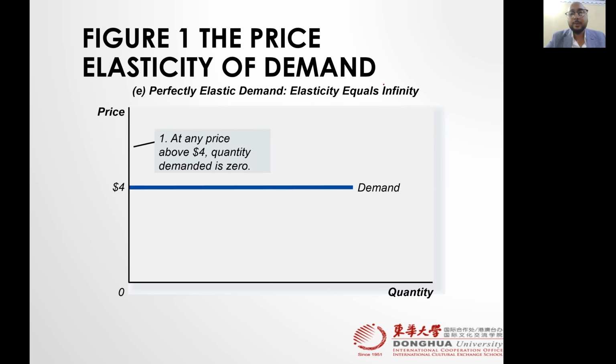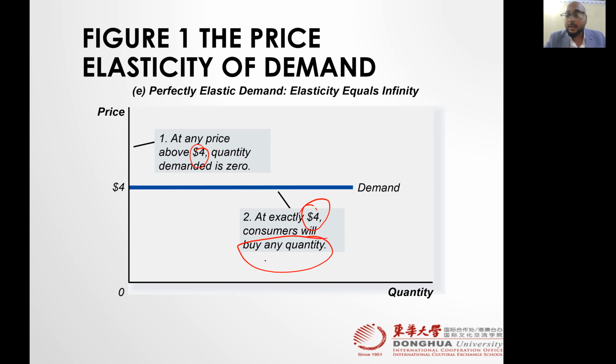Here we go. At any price above 4, demand is 0, but at any price below 4, we know exactly that at $4 the quantity, how much people want to buy, is an exact quantity.